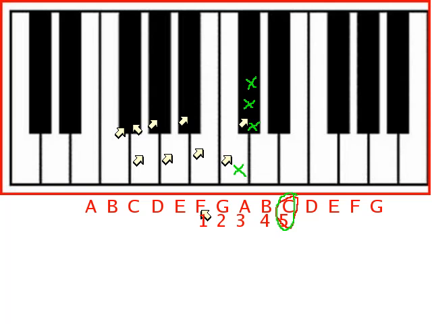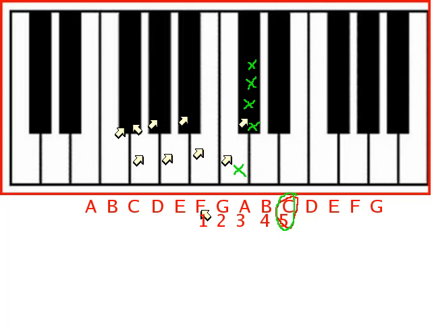Okay, I have one correct answer. How do I name this note right here as some kind of a C? It is a C sharp.